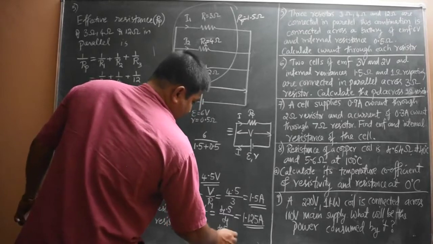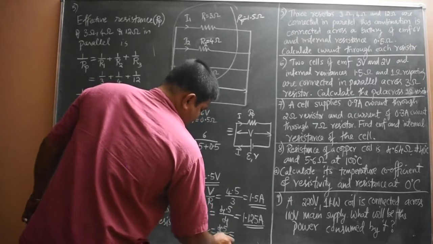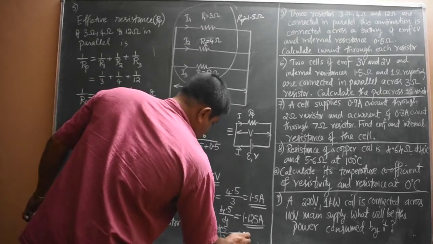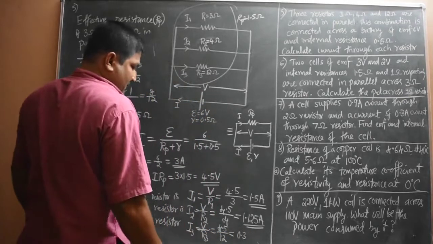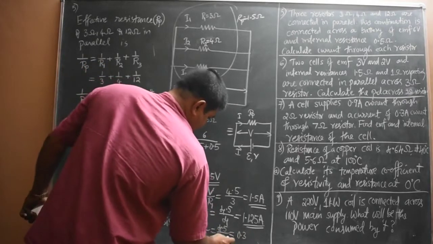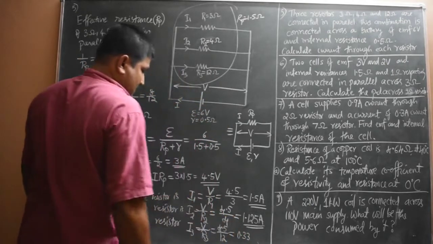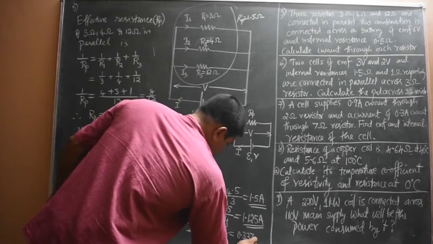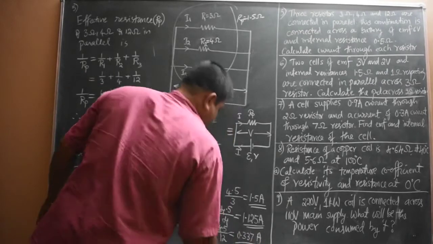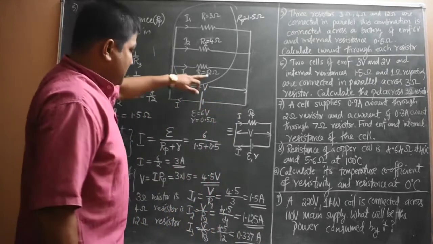You can divide directly: 4 by 12 is 0.3, then 45 means 3 again, then 9, 90 means 7. So this much ampere is the current through the 12 ohm resistor.